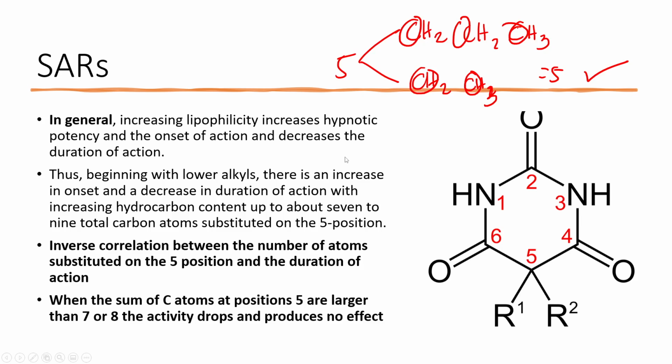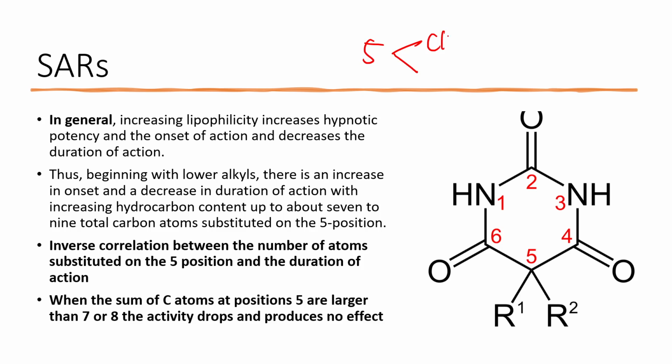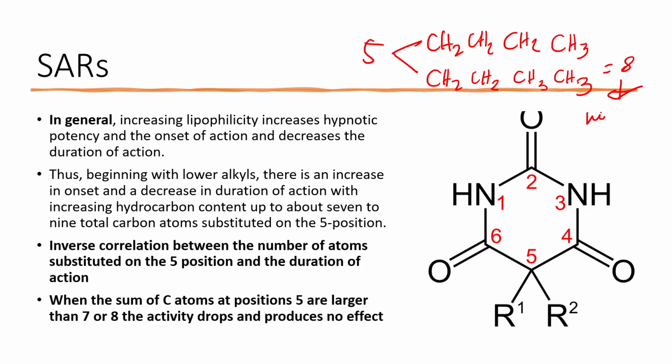It's still active. However, if we have an example like this, this is butyl, dibutyl, two butyl groups. The sum is 8. There is no activity. Okay, so the total carbons 1, 2, 3, 4, 5, 6, 7, 8 substituted to the fifth position should not surpass 7 or 8.